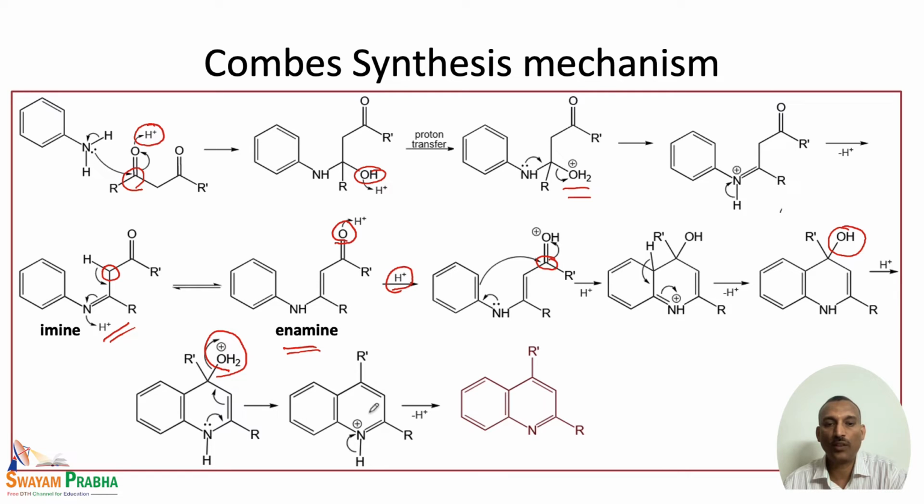Of course, loss of a proton takes place, which finally completes the reaction to give the quinoline derivative. So this is how the overall reaction proceeds. The crucial intermediate in this reaction is the enamine from the starting aniline and the carbonyl compound.